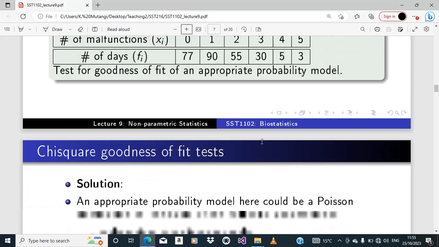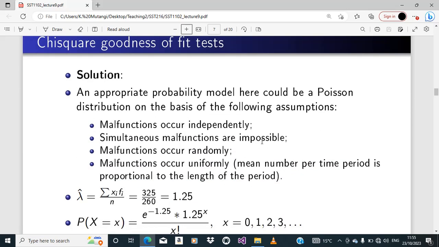That would give you a sum of 325. We already know what n is with 260, but you can find this one by adding the observed frequencies from the previous slide.